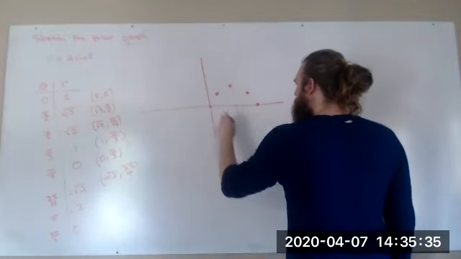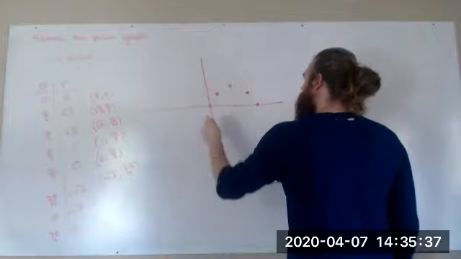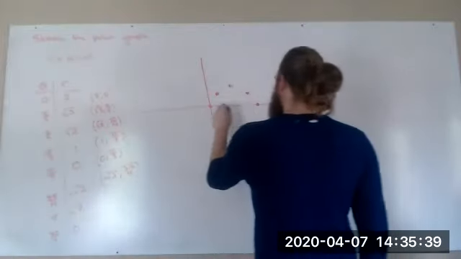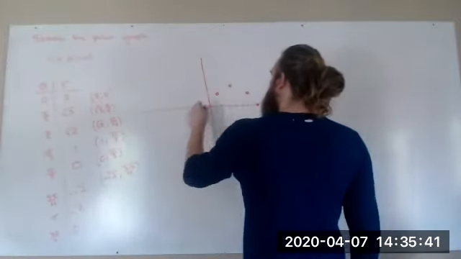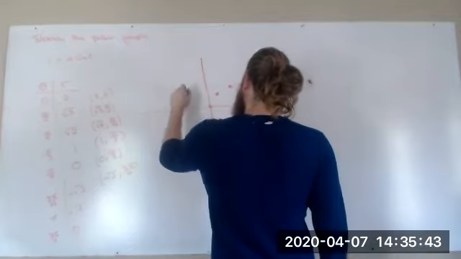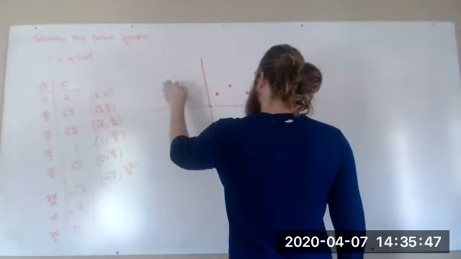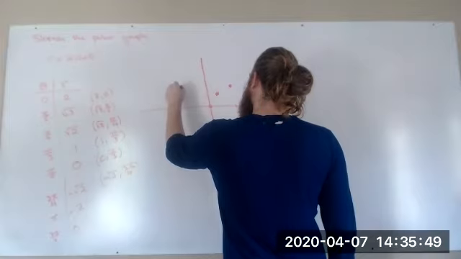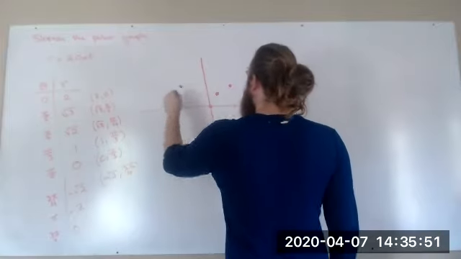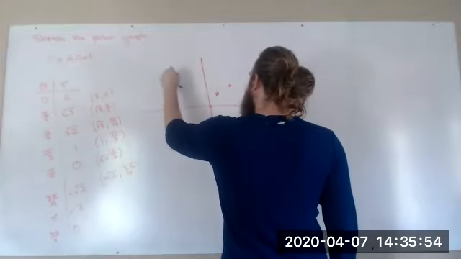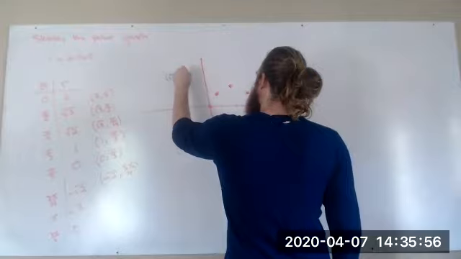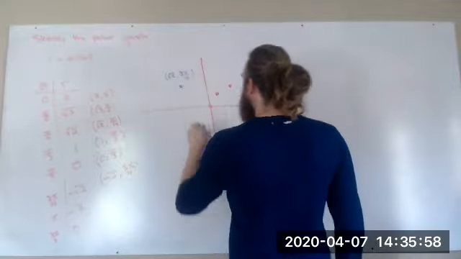So I need to reflect that point through the origin. So let me draw it here. Here's root 2, and then 3 pi over 4 is this angle over here. So if I rotate that all the way around, I'll be somewhere right around here. So this is the polar point, square root of 2, comma, 3 pi over 4.